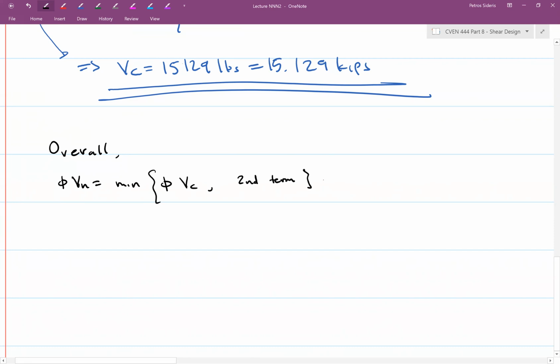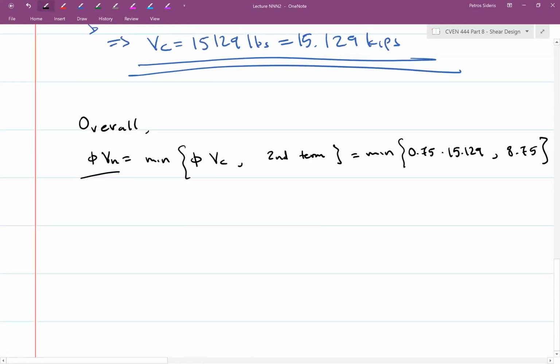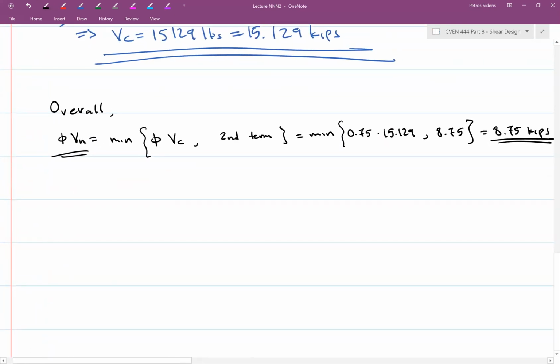And what we have here is 0.75, the strength reduction factor, times 15.129, and the second term is 8.75 kips. So out of the two, the second term is the one that controls, so we have 8.75 kips. That would be your design strength for this beam.